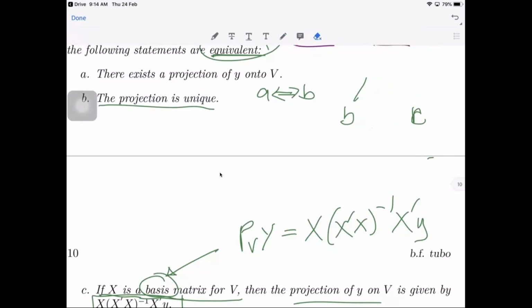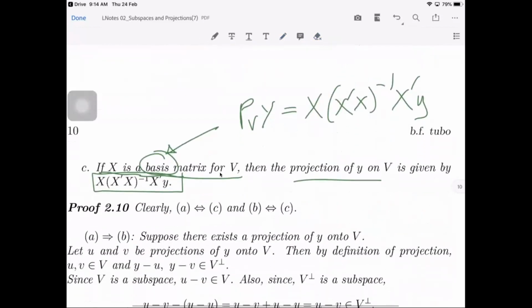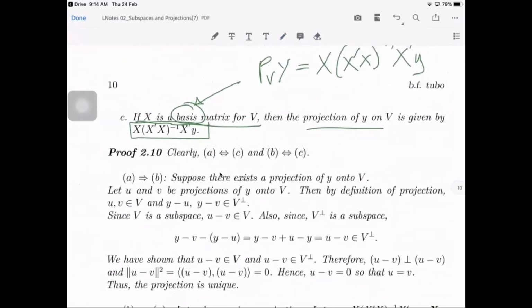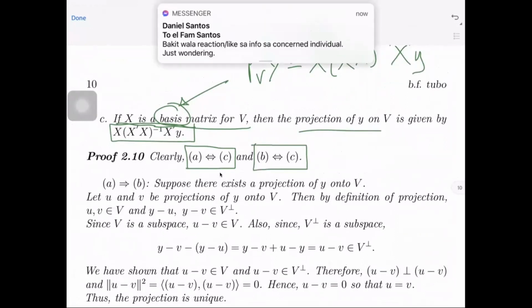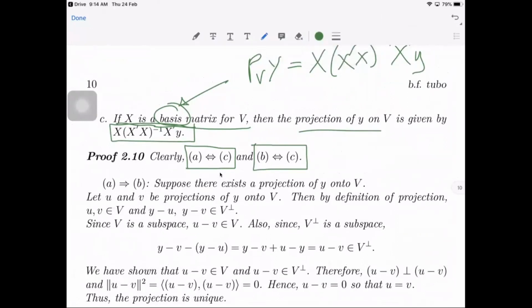Which statements are clear? A if and only if C, and B if and only if C are clear. So what we want to show only is that A if and only if B. That is what we will show. So what is A if and only if C?